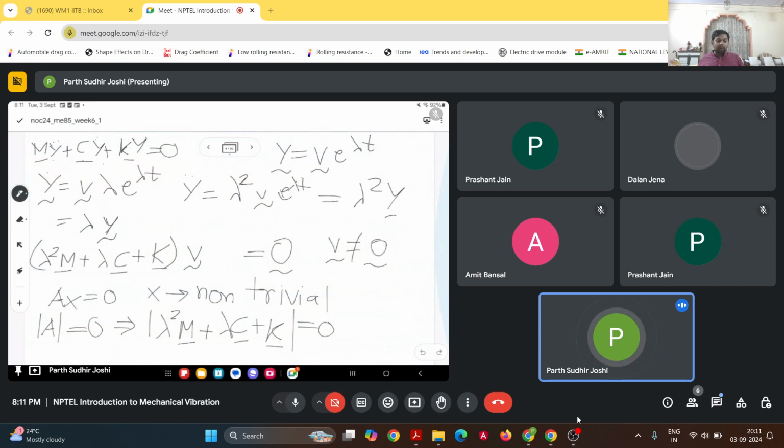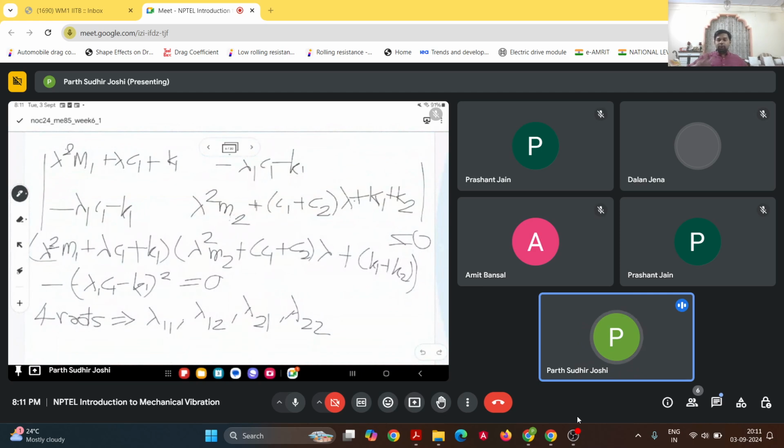here lambda square is an eigenvalue as such. So there will be two natural frequencies and two eigenvalues. Lambda 1 1 and lambda 1 2 may be complex numbers, so just note that. When you solve, considering some particular values of m1, c1 or k1, they may turn out to be complex numbers, but they are generally complex conjugates.